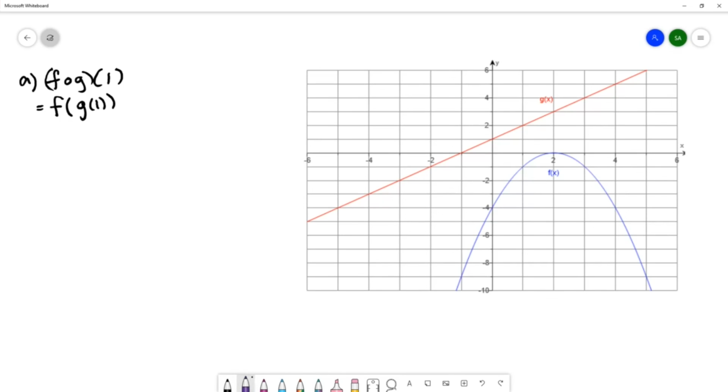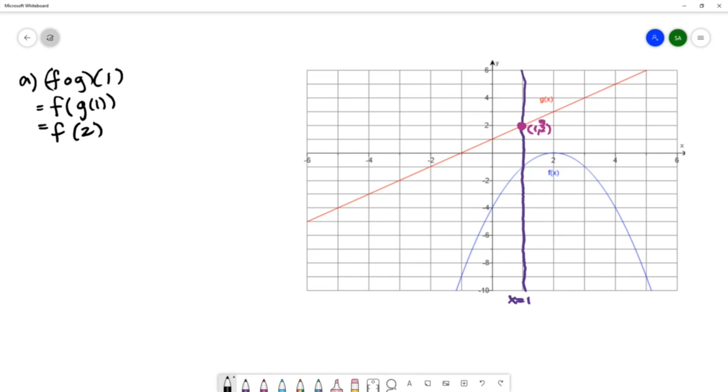So to find g of 1, I'm going to draw a vertical line at x equals 1. This shows me all of the ordered pairs that have an x of 1. And I notice this intersection point on the graph of g. That point is 1, 2 on the graph of g. So I know that g of 1 is 2.